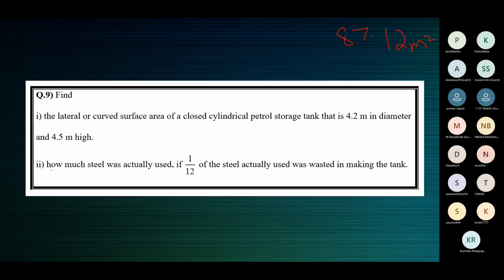Now, we've seen a similar situation related to subdivision 2, when I shared a homework question based on the questions in exercise 13.1. How much steel was used if 1/12 of the steel actually used was wasted in making the tank?